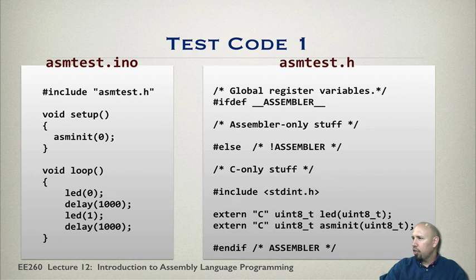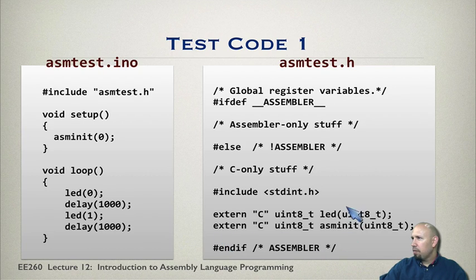In the C portion, we're going to do two things. We're going to include stdint.h, and then we're going to define these two functions, LED and ASM init. Here's how we define them: extern C. And then here's our endif.